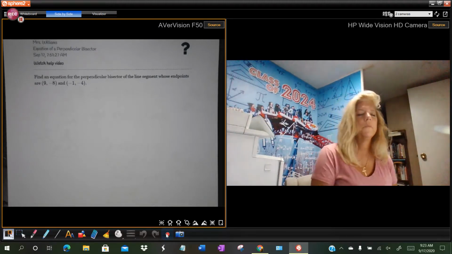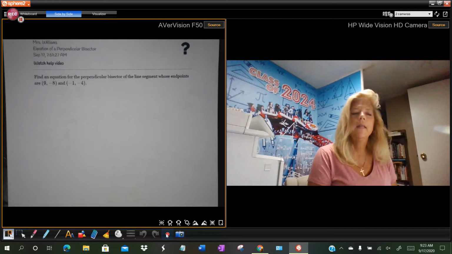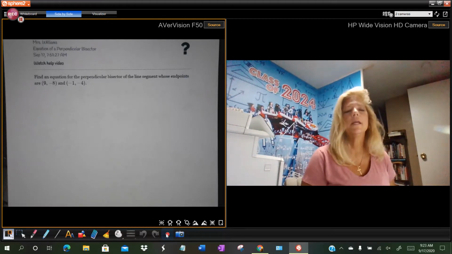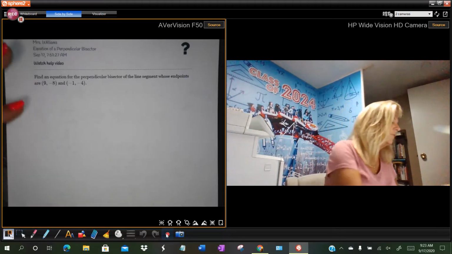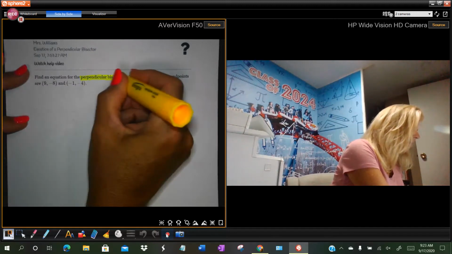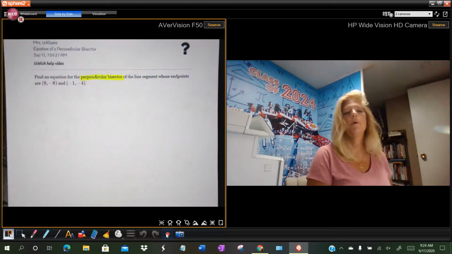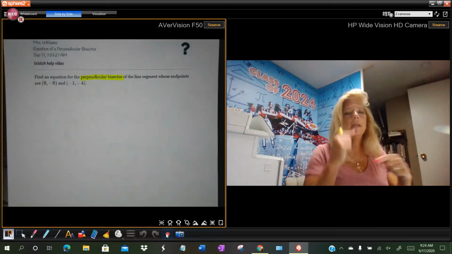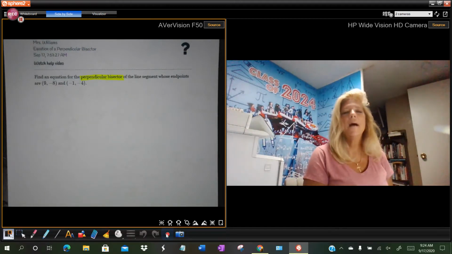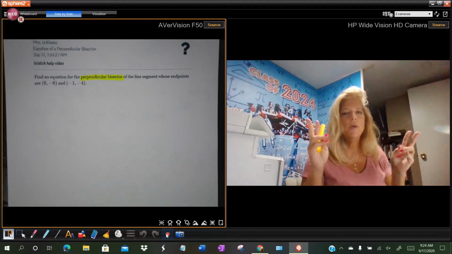So here we go. Find an equation of a line that is a perpendicular bisector. The vocabulary in geometry is the part that kills you. Perpendicular: negative reciprocal slope. Bisector: cuts it into two equal parts.